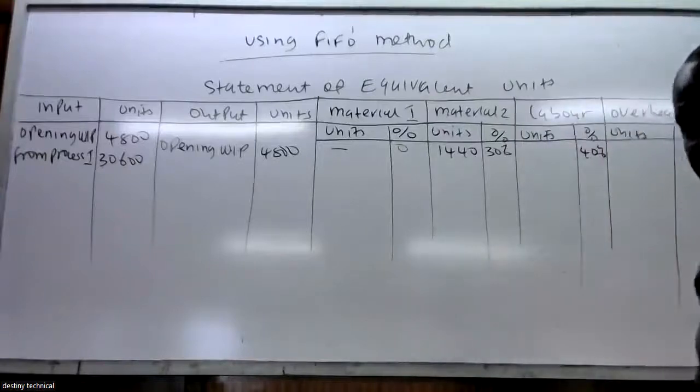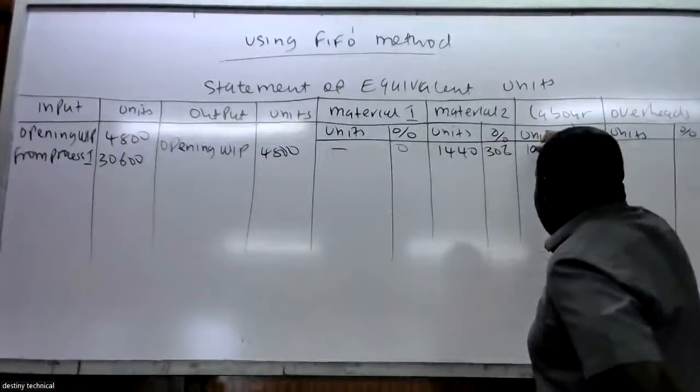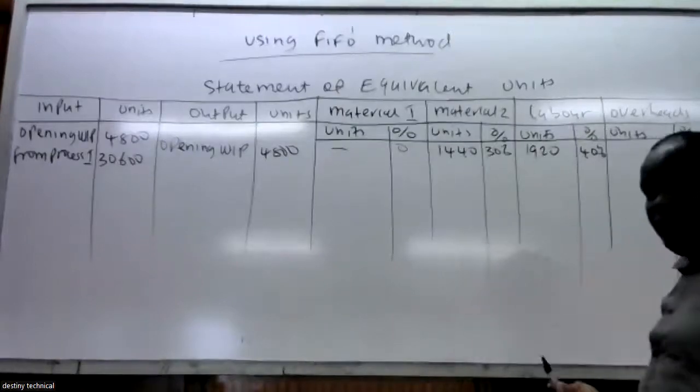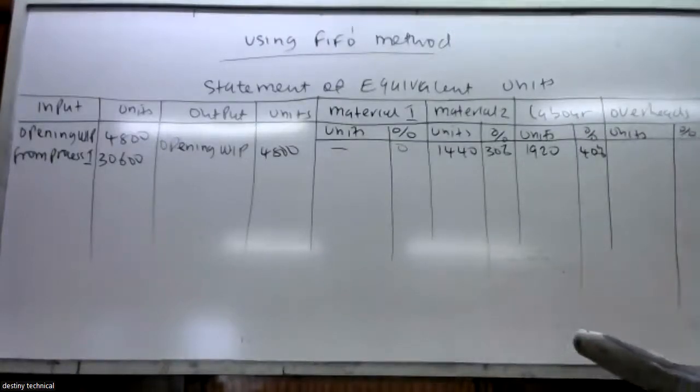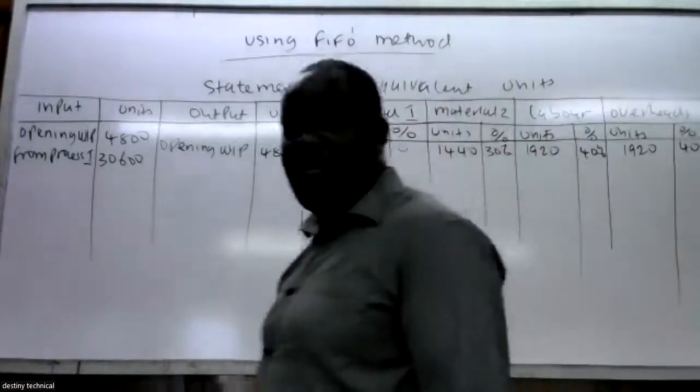So this will be 1,920. Because it is 60%, it means the remaining balance is 40%, which gives you 1,920. That's now for the opening work in progress.